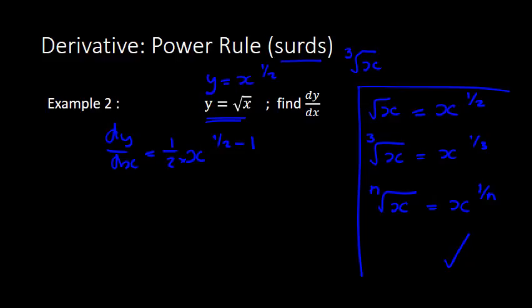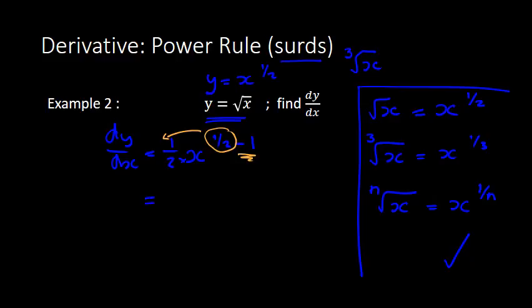So what we've done is we've taken the old power, put it down the front, and we've subtracted 1 from the old power. So the same power rule applies to surds, just need to get them in index form so you can work with them appropriately.